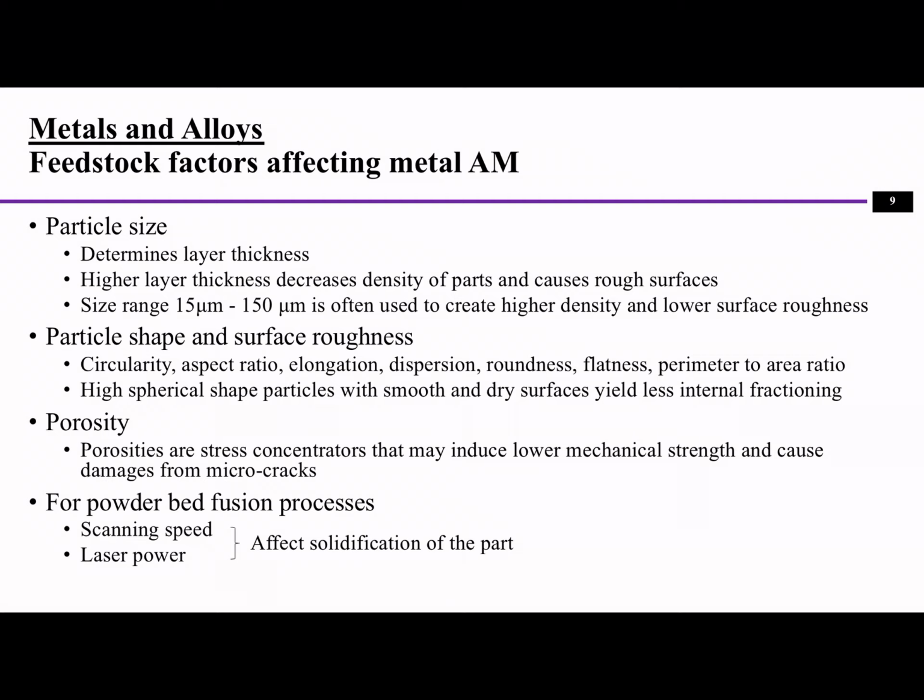And if there is a lot of good porosity in the implant, it can actually have a better fusion between the implant and the part of the body. So that's one application where you want higher porosity, but in most of the other applications, porosity will actually cause a lot of issues in metal 3D printing parts.